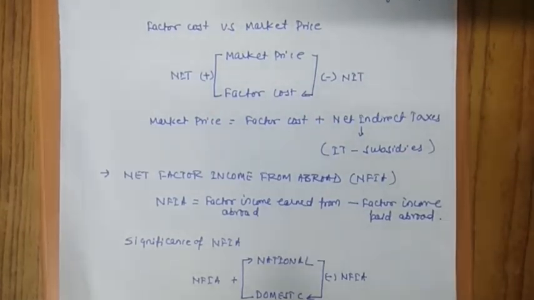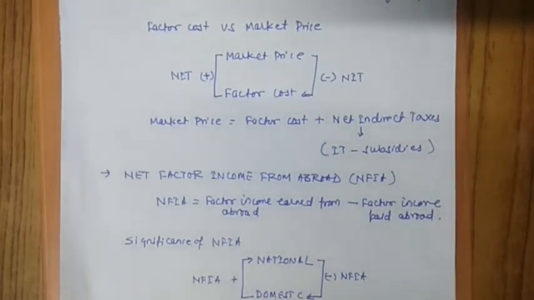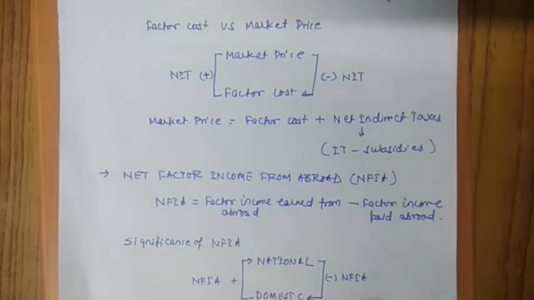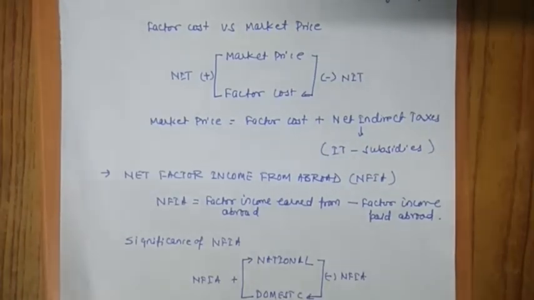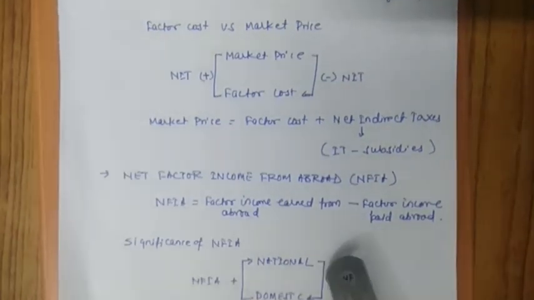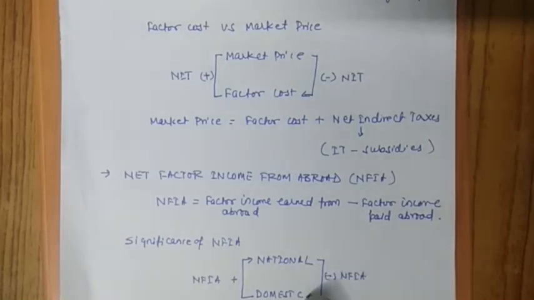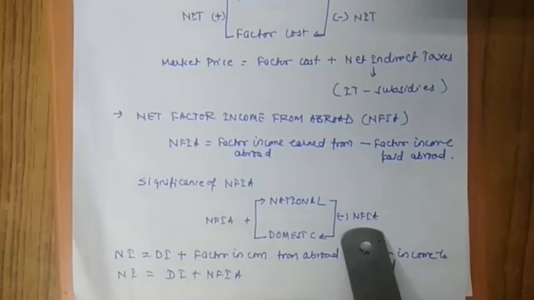What is the significance of NFIA? The difference between domestic income and national income is NFIA, that is net factor income from abroad. So if you have to convert national income to domestic income, you will subtract NFIA.